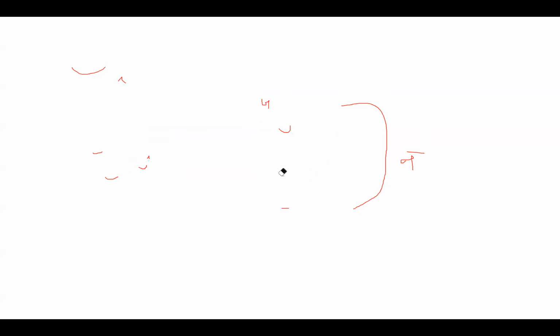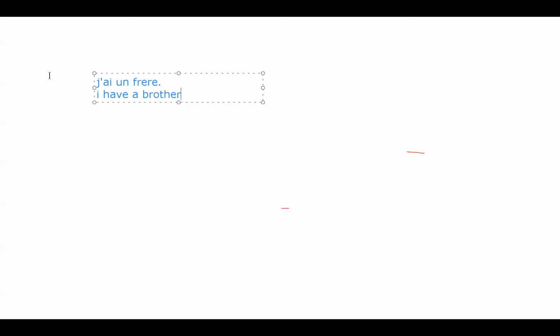Now we'll talk about the rule of how to change the indefinite article and why the indefinite article gets changed. For example, if I say j'ai un frère, it means I have a brother. Here I'm talking about quantity, a brother, right? So when you negate, the quantity becomes zero and is converted to any brother.